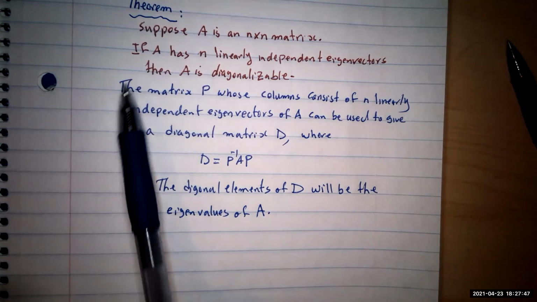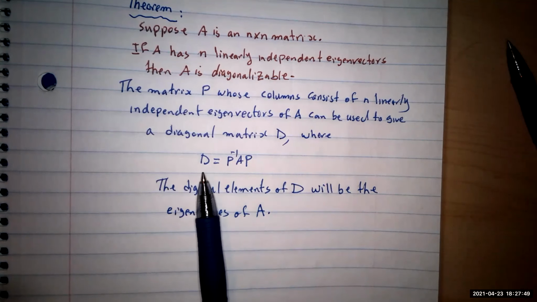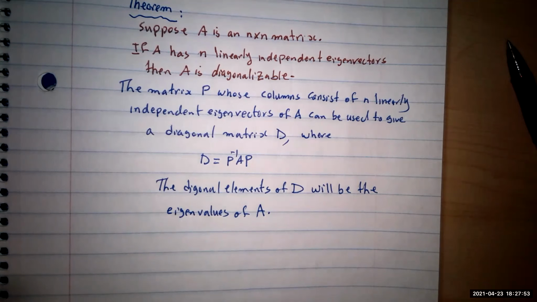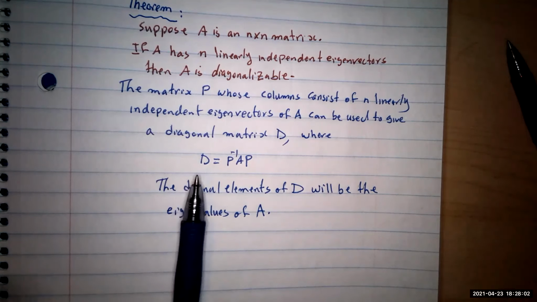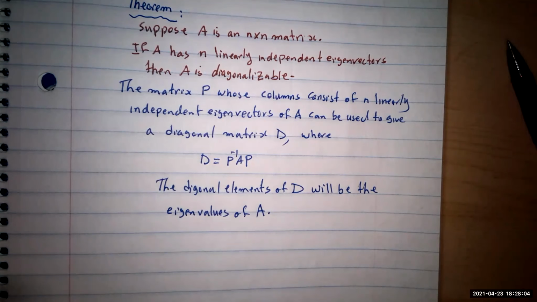So you find the eigenvalues, okay? Then D would be a diagonal matrix whose main diagonal consists of eigenvalues. This is a theorem that gives you the construction, but in practice we can do it right away to get these numbers.